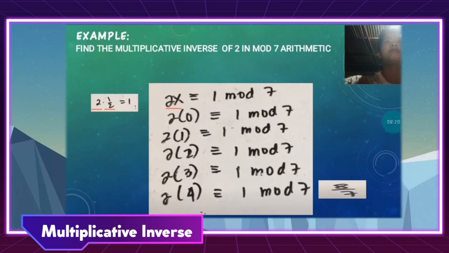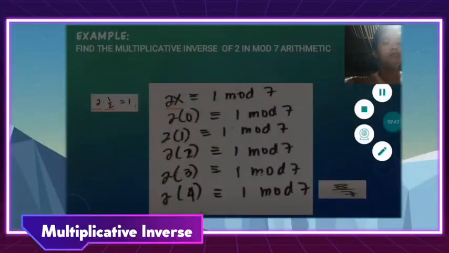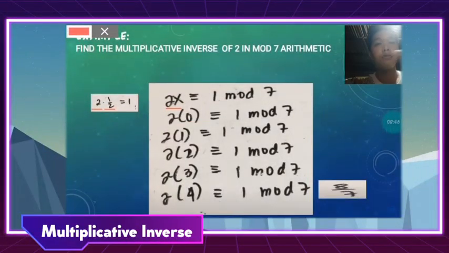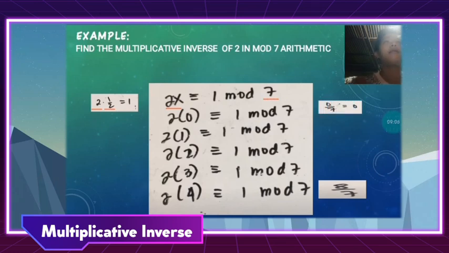If x is equal to 0, then 0 divided by 7, the remainder is 0.